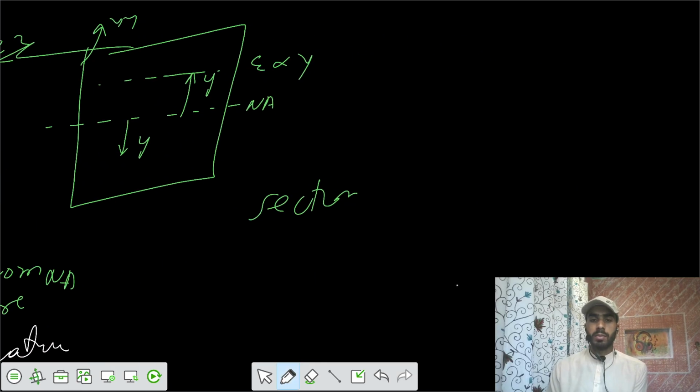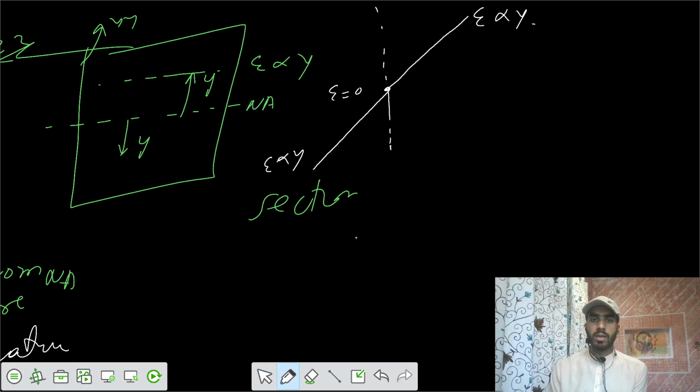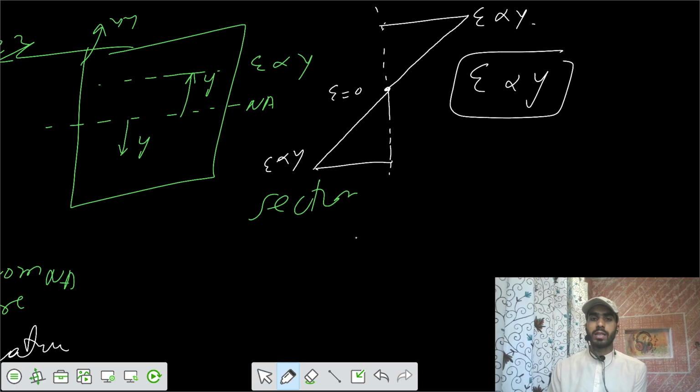That means the strain is 0 at the neutral axis. Then there is a linear variation with y, so strain is proportional to y. From the reference plane, the strains developed are linearly proportional to the distance from the neutral axis.